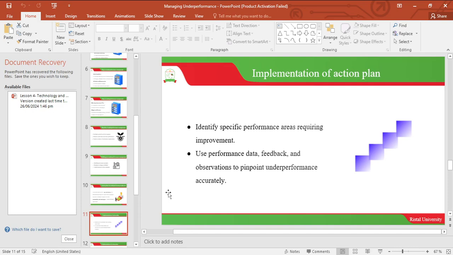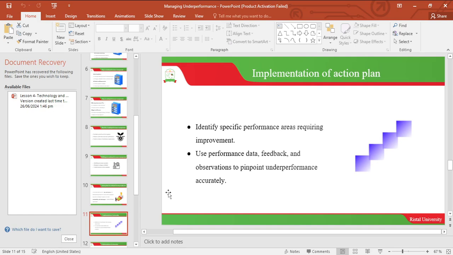Otherwise, if you do not identify the areas of improvement, then tailoring the training program becomes very difficult. Okay. Because you may end up designing a training program for someone who already has the skills. That means that you have wasted the resources. Okay. So make sure that such areas of improvement are always identified so that you can tailor a relevant training program to address the problem once and for all.